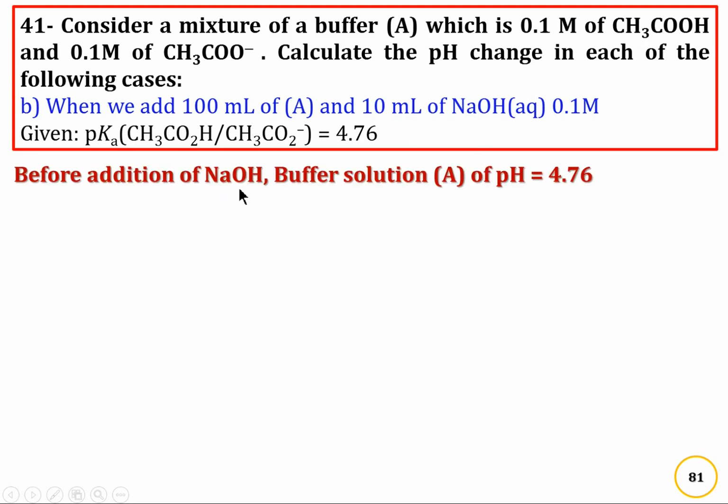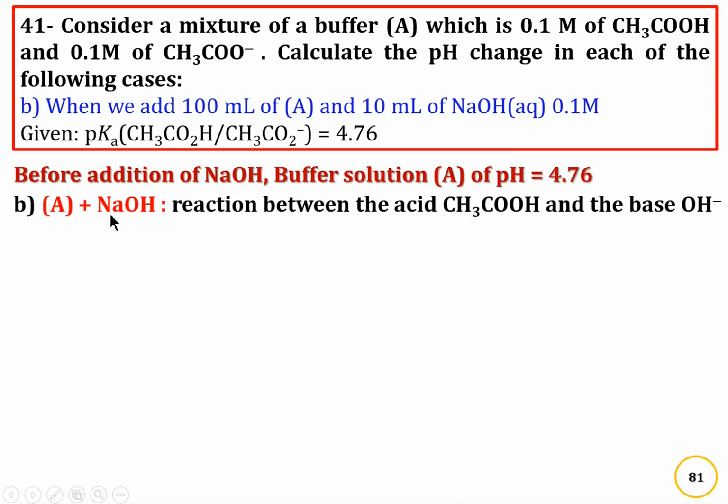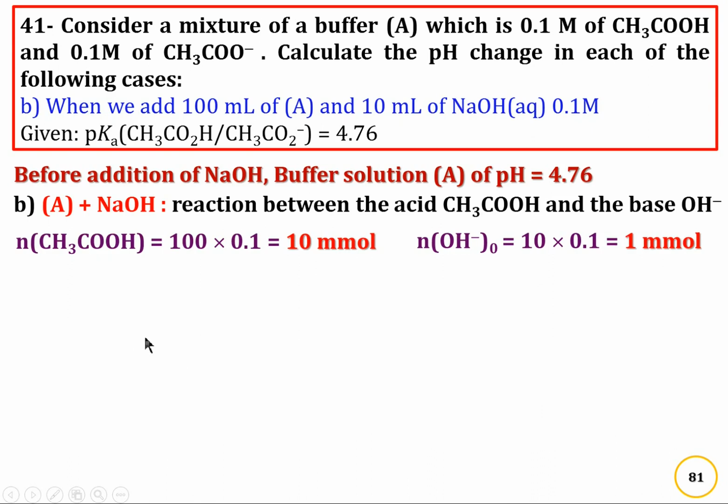So before addition of NaOH, we have a buffer solution A of pH equal to 4.76. When we add OH minus, the reaction taking place is between acetic acid and OH minus.